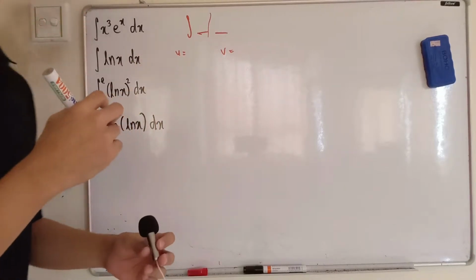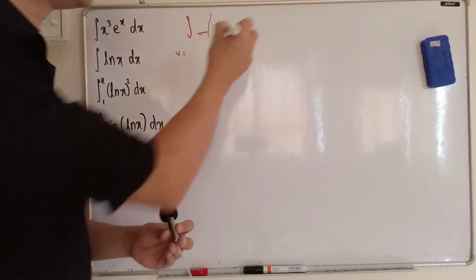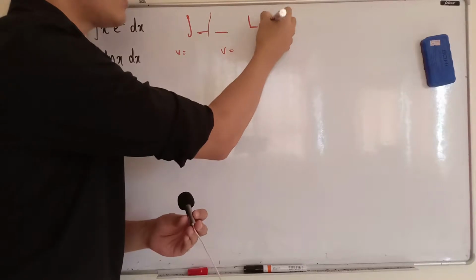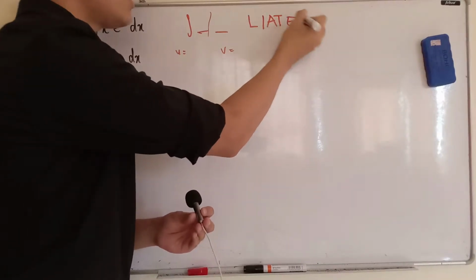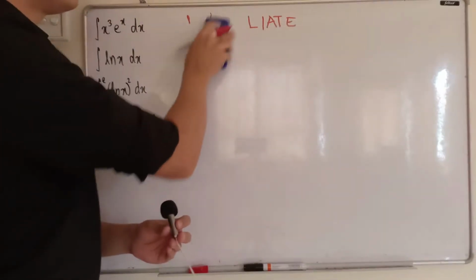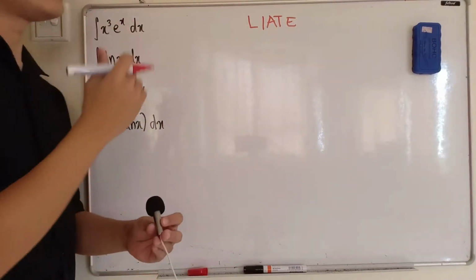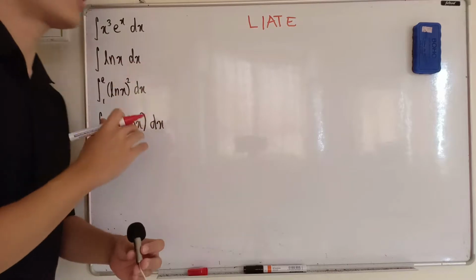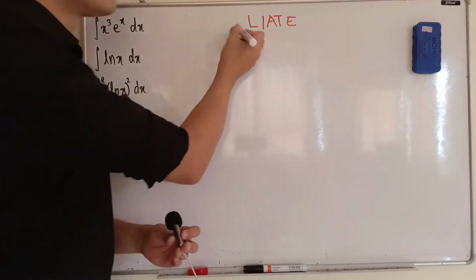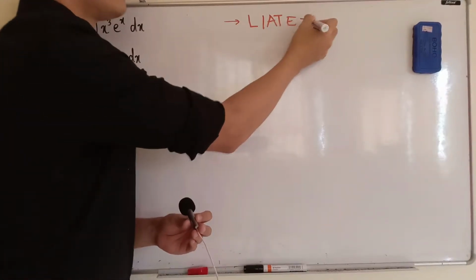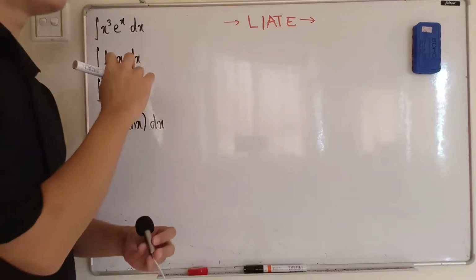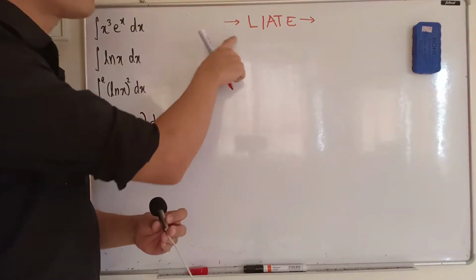For integration by parts, you need to know what LIATE is. You only need to know LIATE to know which one you need to choose first, which one you need to prioritize first. You start from here and end here. I'm going to explain one by one.